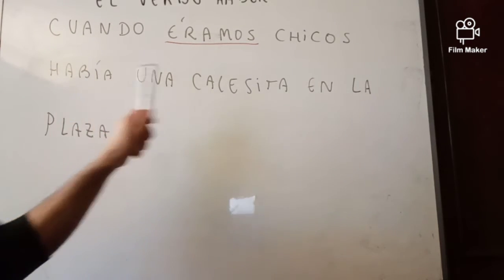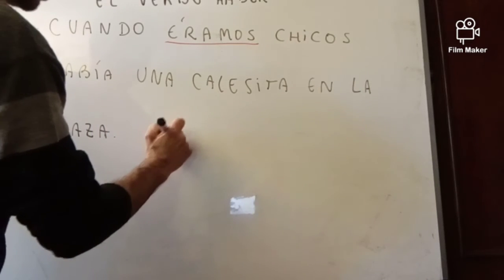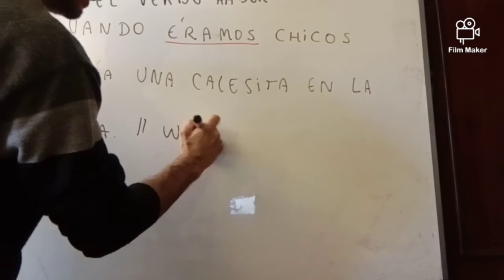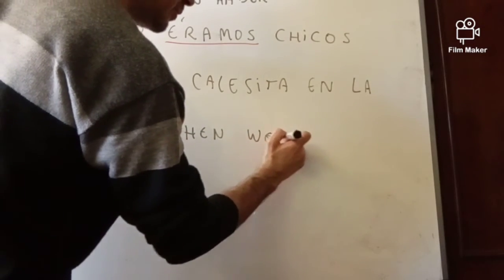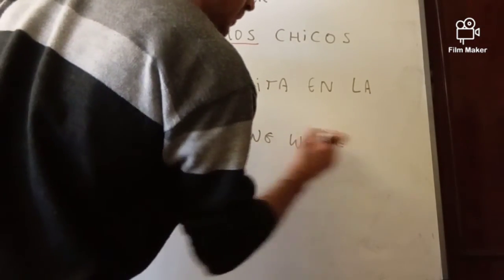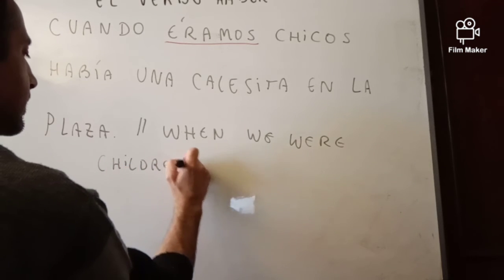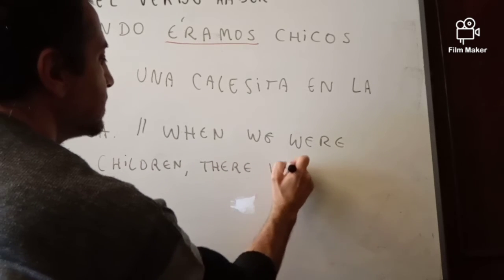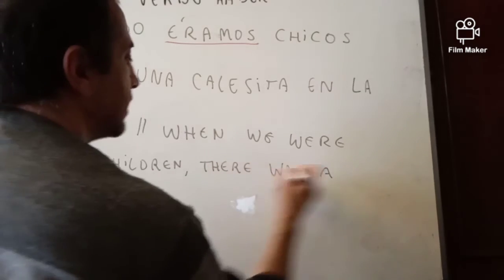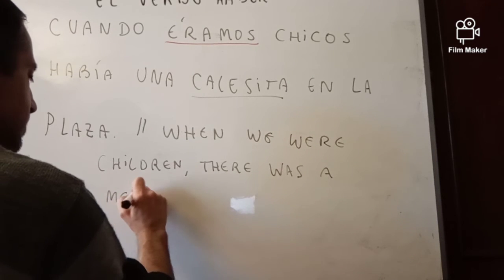Cuando éramos chicos había una calecita en la plaza. So its translation is when we were children, there was a merry-go-round.